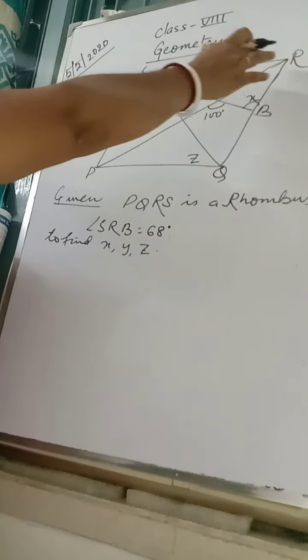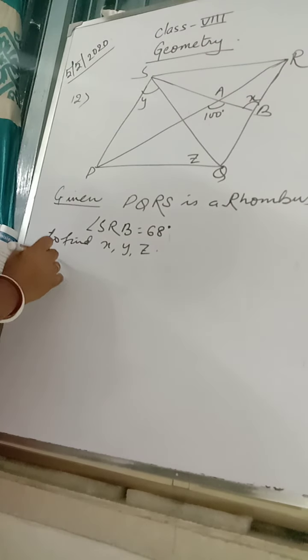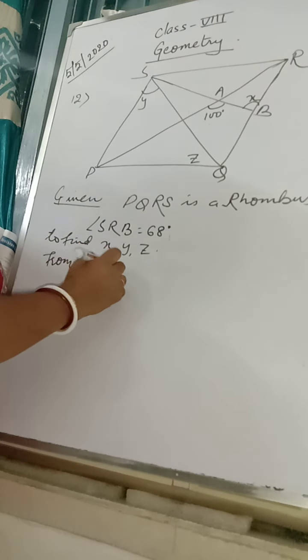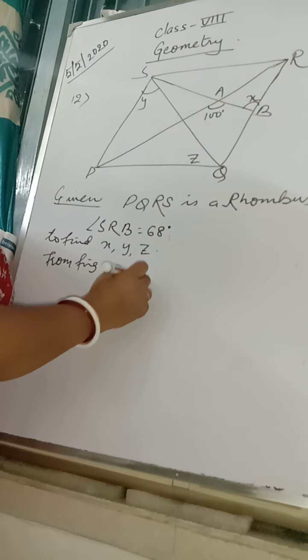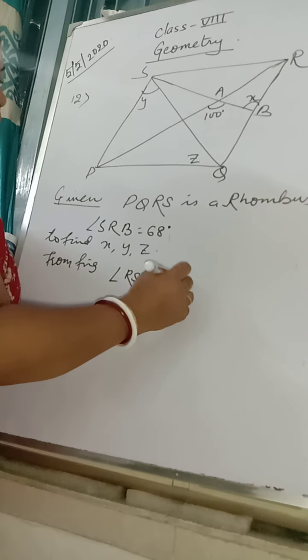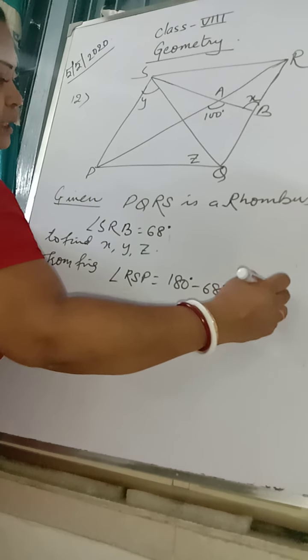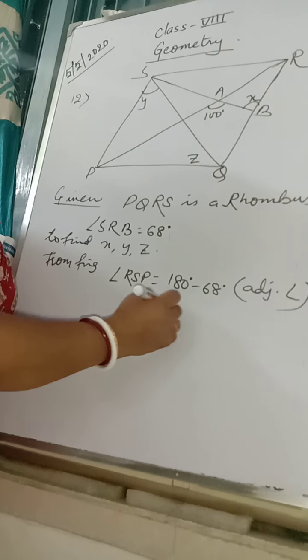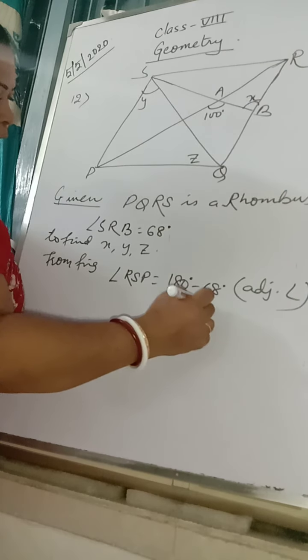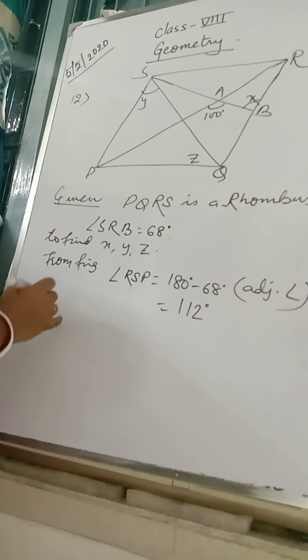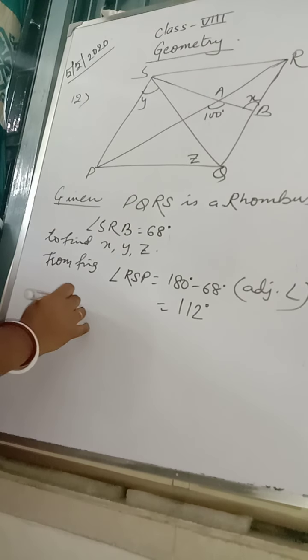Now what will be angle RSP? From the figure, angle RSP is equal to 180 degrees minus 68 degrees, as they are adjacent angles. So this gives you 112 degrees. Now SQ is a diagonal.